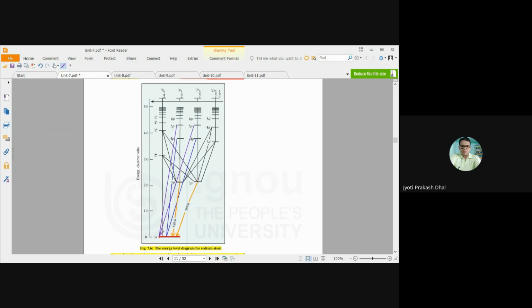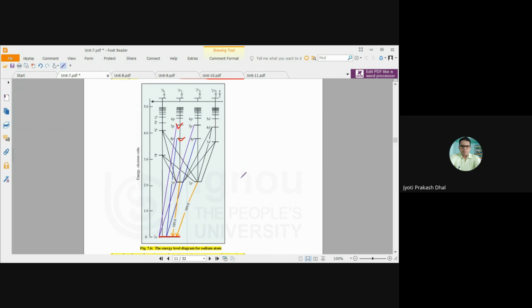During the excitation process, the electron may excite from the 3s energy level to 3p, 4p, or 5p, and sometimes from 3s to 6p.